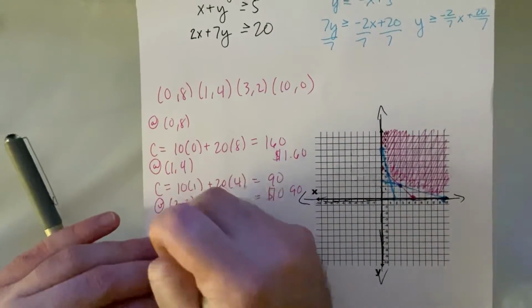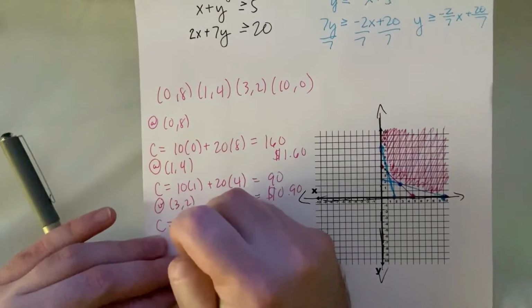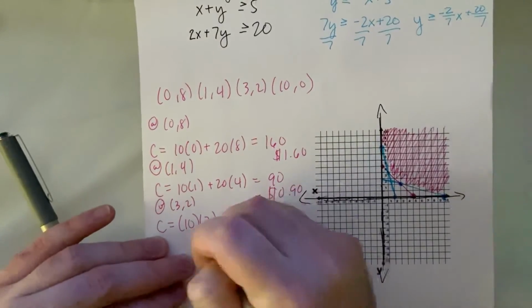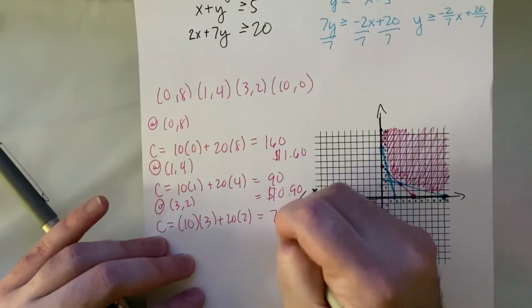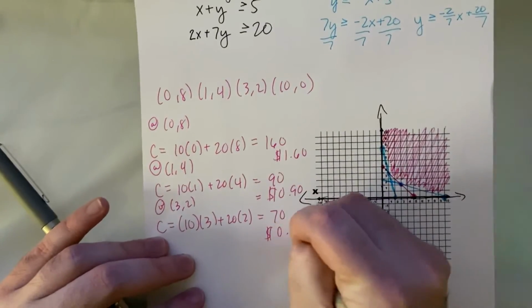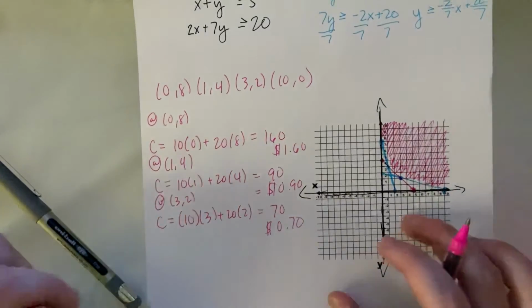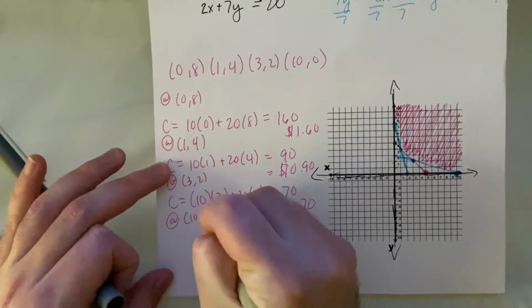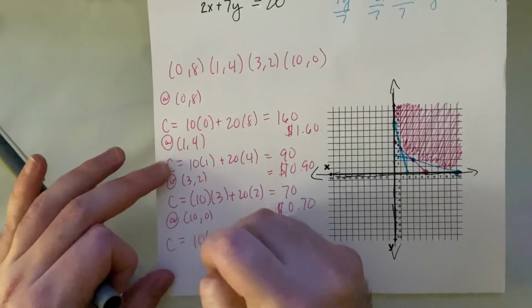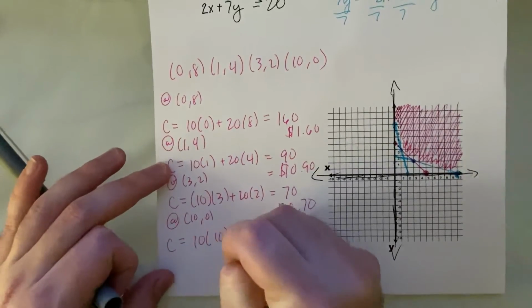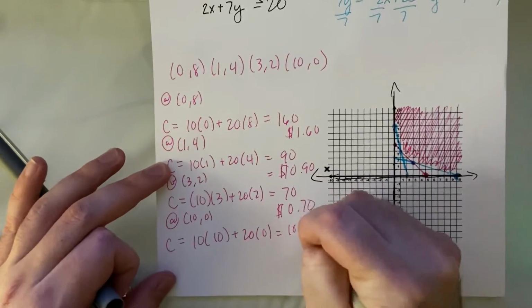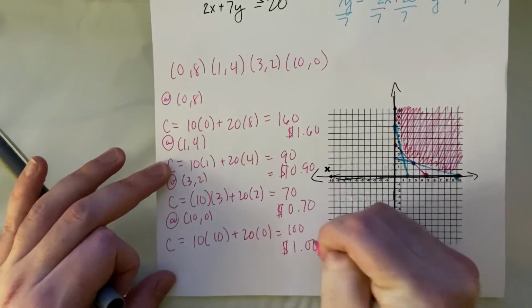At (3, 2), we've got 10 times 3 plus 20 times 2. That's 30 plus 40, which is 70, so even better, 70 cents. And lastly, we've got (10, 0). 10 times 10 plus 20 times 0 is 100, or exactly $1 per day.